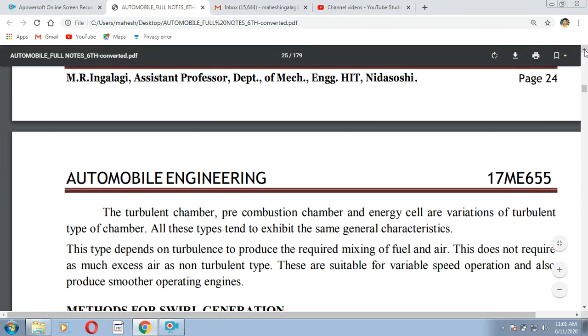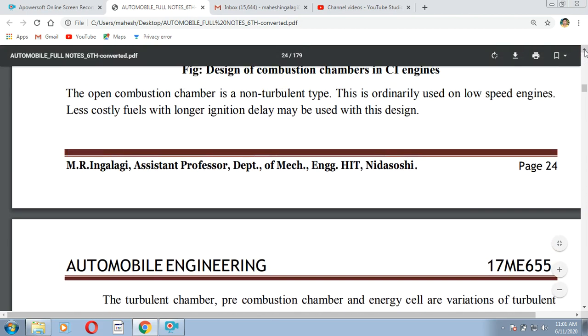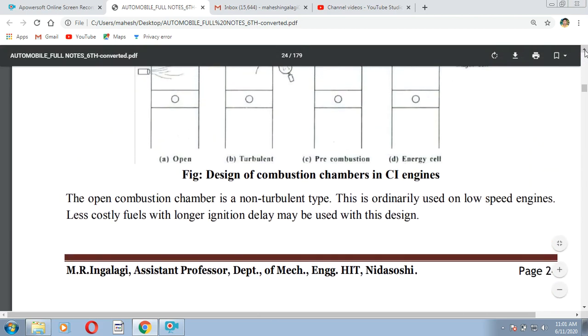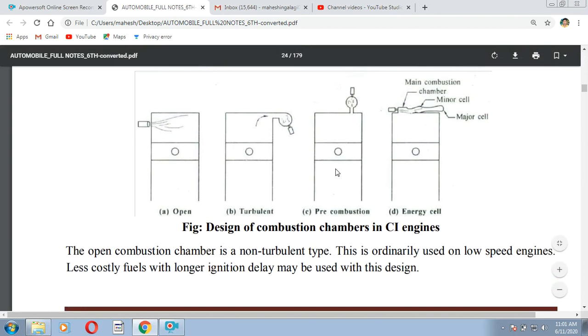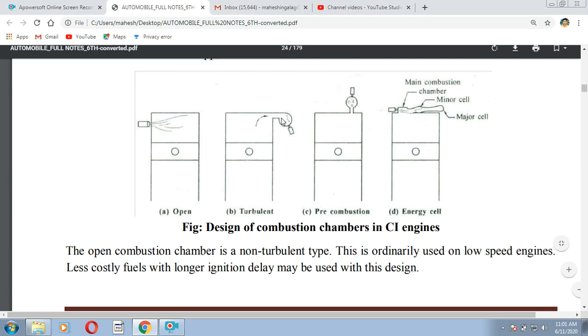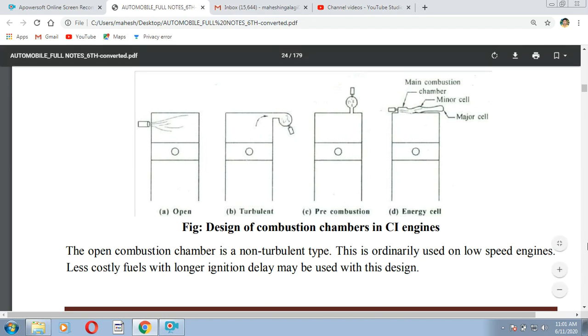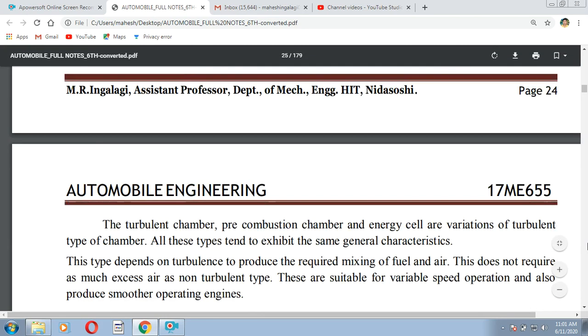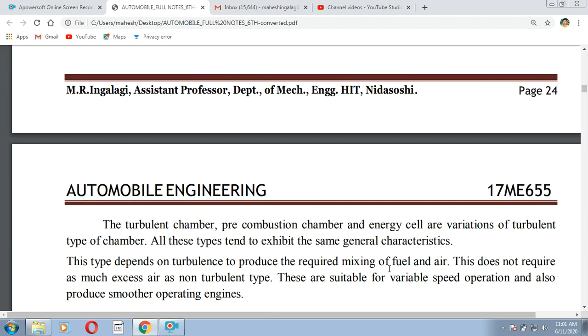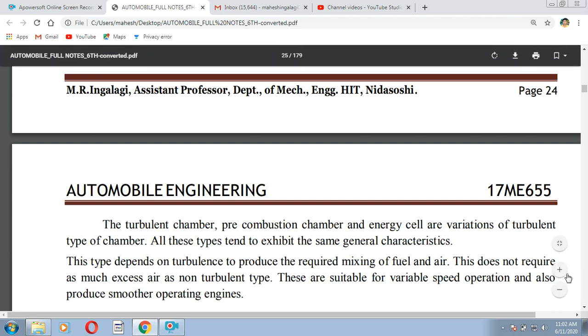Here more turbulence will take place in the turbulence and pre-combustion chamber. You may observe here they provided a bulb-like structure over the engine, so that the turbulence will be greater and the efficiency of the combustion will increase. This turbulence is required for proper mixing of fuel and air, and it does not require as much excess air.